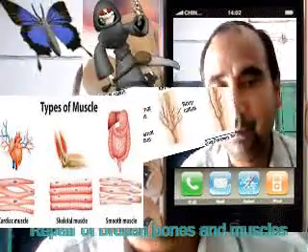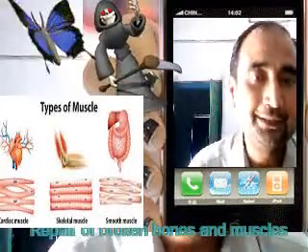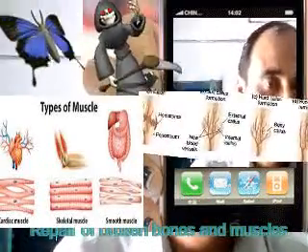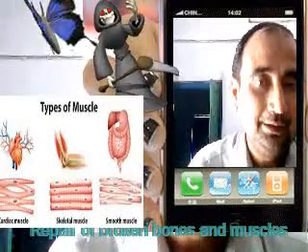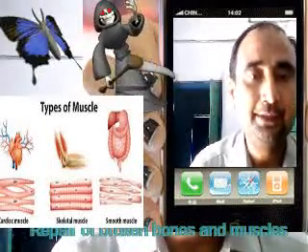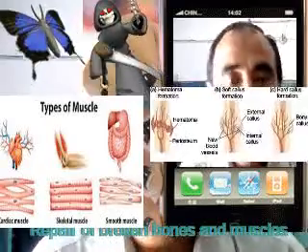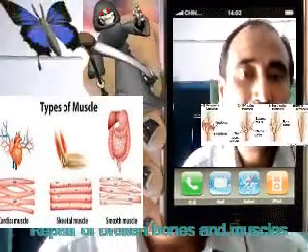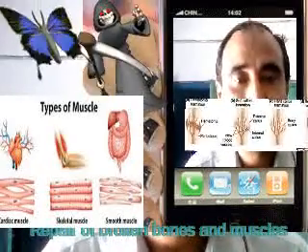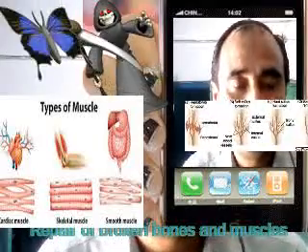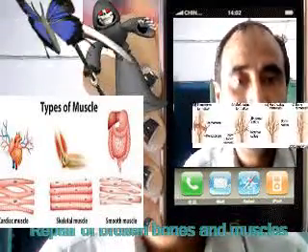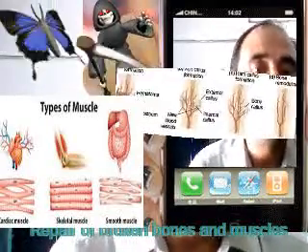Muscles are of three types in vertebrate animals: smooth muscles, cardiac muscles, and skeletal muscles. Smooth muscles are the earliest form of muscles evolved in vertebrates.